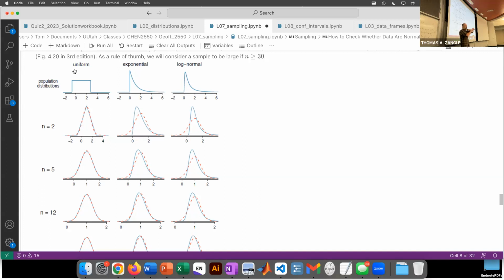But now if we ask, what does the probability distribution look like for 10 rolls or 20 rolls or 100 rolls? As we keep increasing the number of rolls and we're adding up the numbers that we see on each individual roll, what we end up with is a normal distribution. We can start with a uniform distribution and end up with a normal. We start with exponential, log normal, any distribution you can dream up, and we end up with a normal distribution at the end.